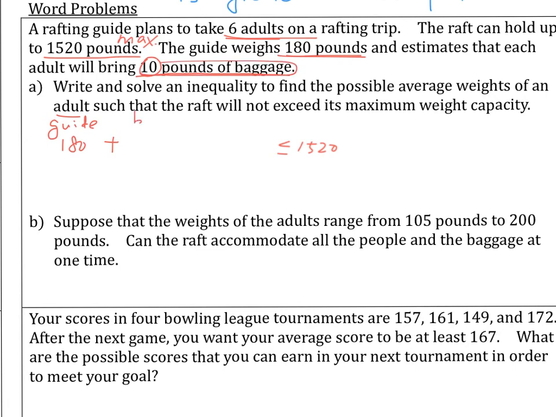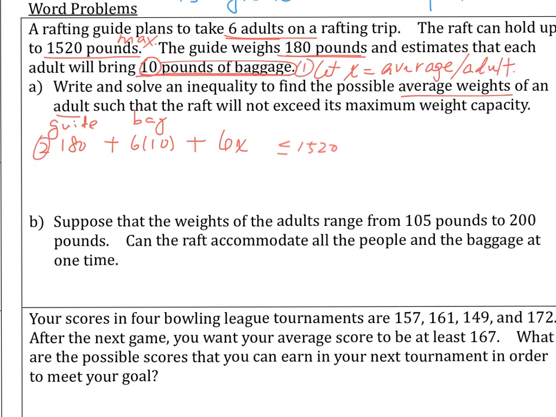So 6 times 10, and I don't know how much each weighs, and that's what we're solving for. The average weight, right, 6x. So I'm going to let x equal the average weight per adult. Okay, so this is step 1.